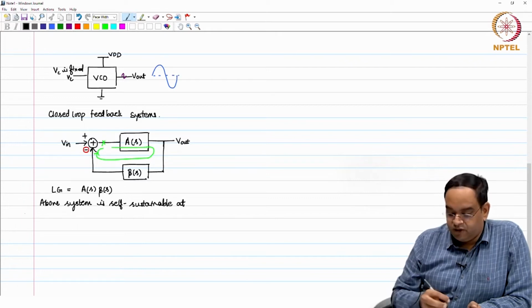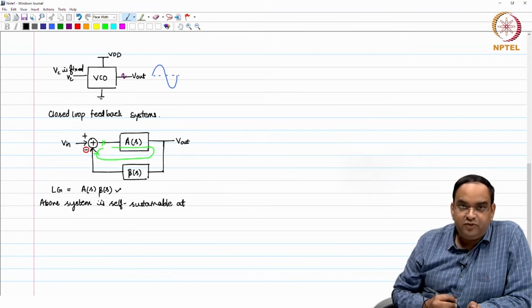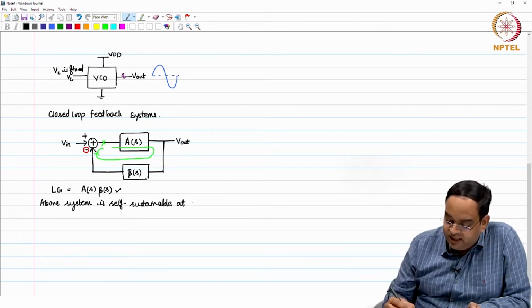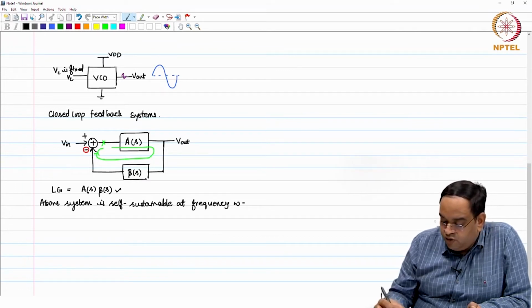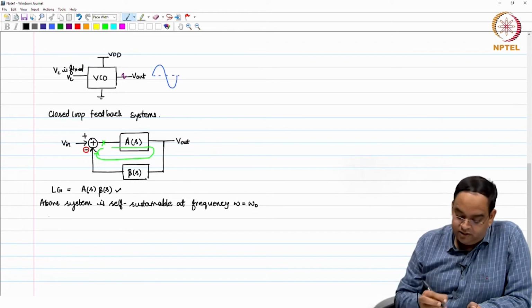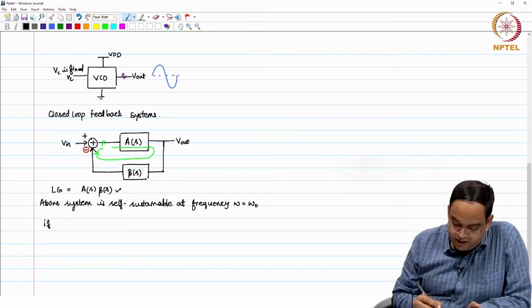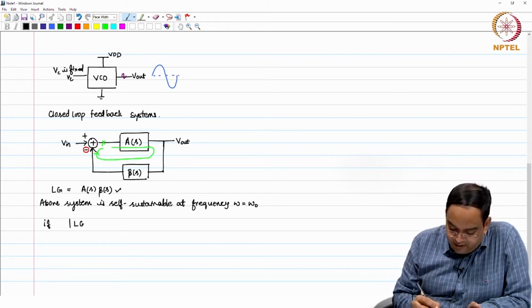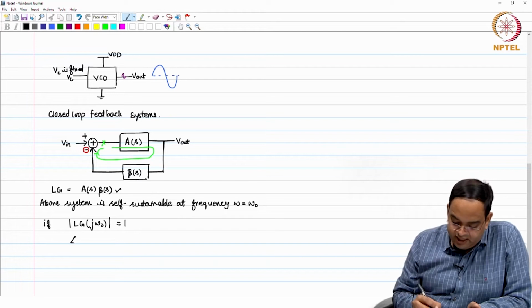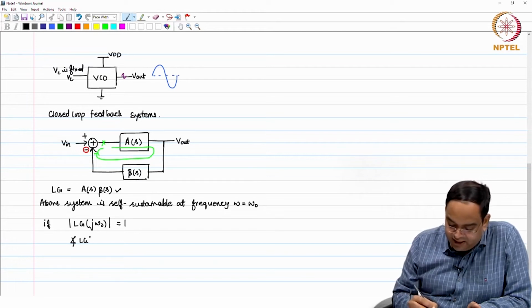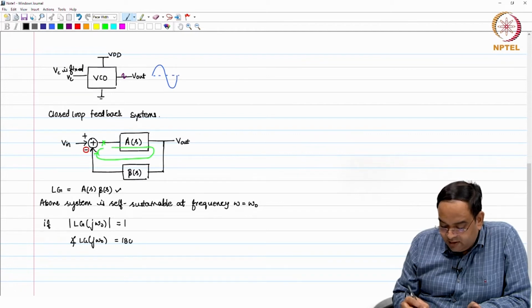at, because we are writing in Laplace domain, we will talk about frequencies, at frequency omega equal to omega naught, if magnitude of loop gain at j omega naught is equal to 1 and angle of loop gain at j omega naught is equal to 180 degrees.